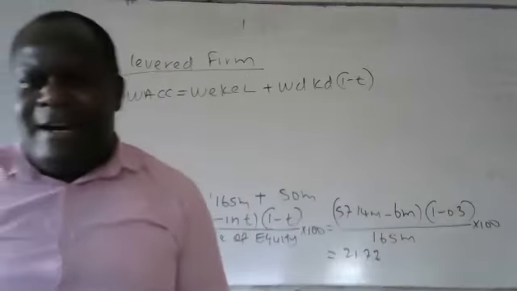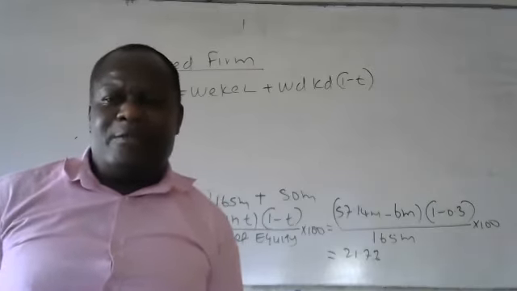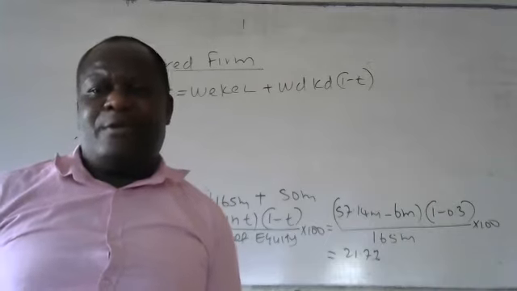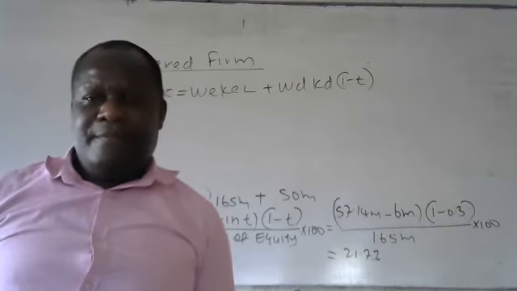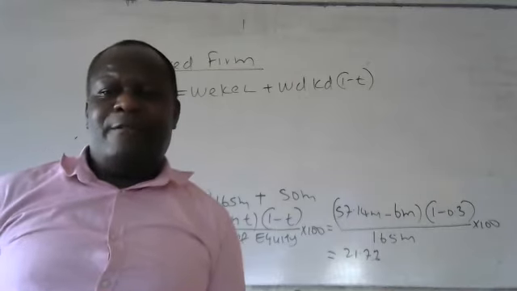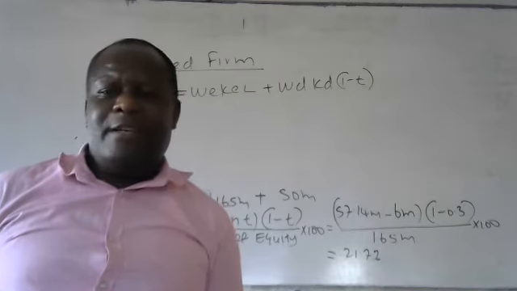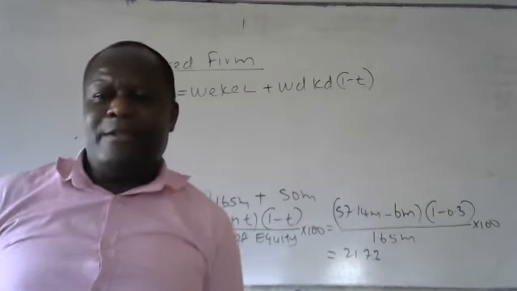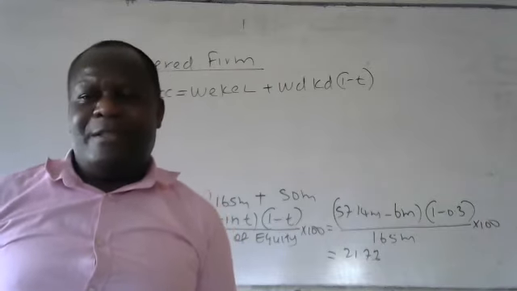So what you have done there, if you do it that way, you have not taxed to get that cost of capital. So it will not work that way. That 57.14 is before the tax. So if you take that figure and add 6 million, then that will not be the correct way of computing the value.